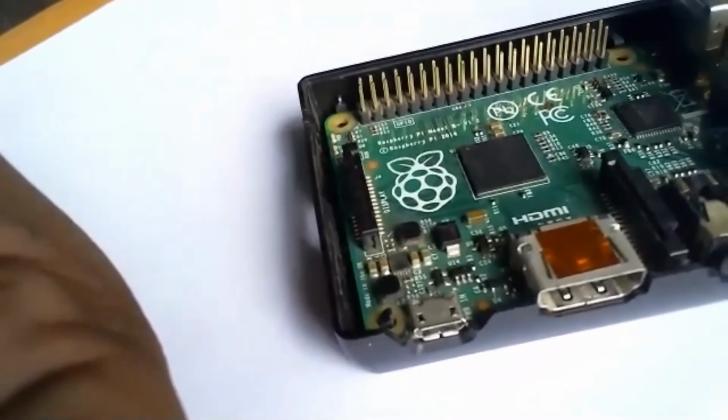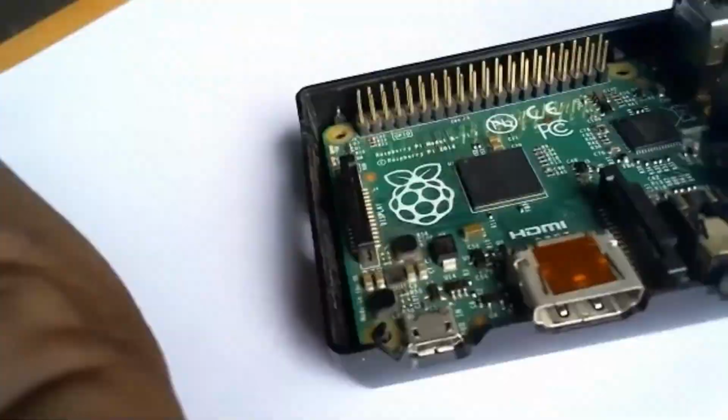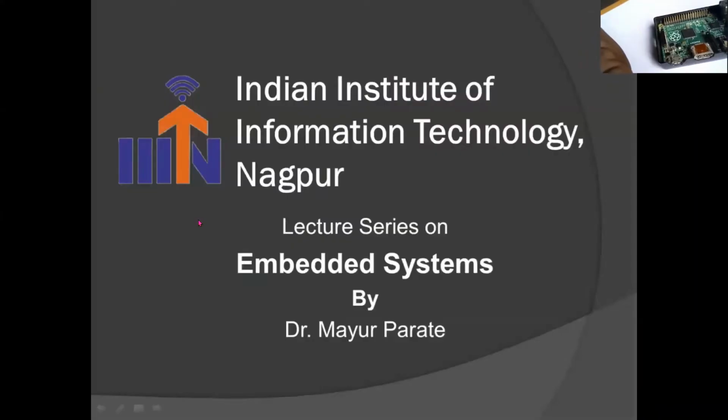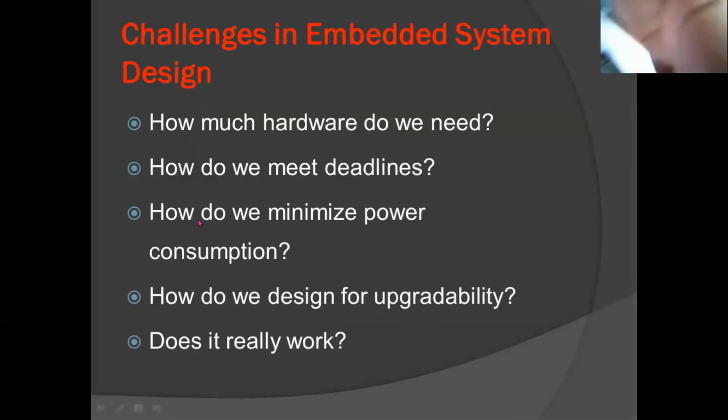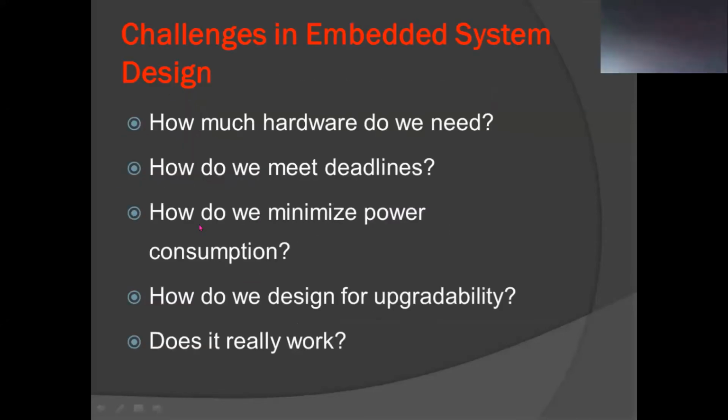Now, if we are talking about an embedded system, then the thumb rule is to use the hardware which is really needed. We should not use extra hardware.